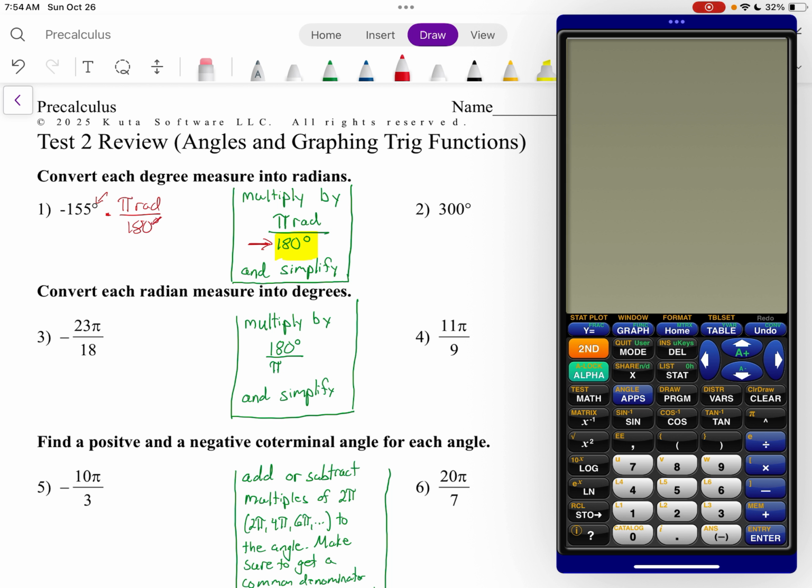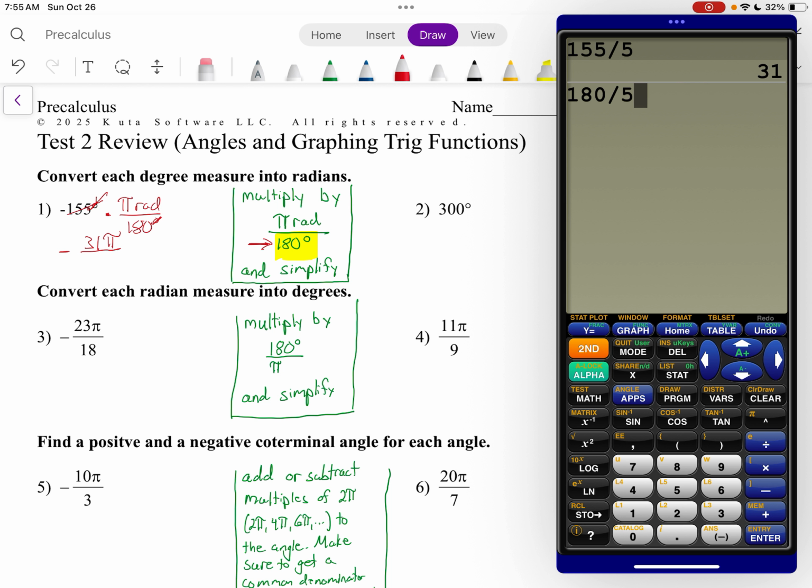Well, we cancel the degrees, and looks like 5 at least goes into both of these. So 155 divided by 5 is 31. And so this is negative 31 pi, and 180 divided by 5, because 5 goes into 155 and 180.